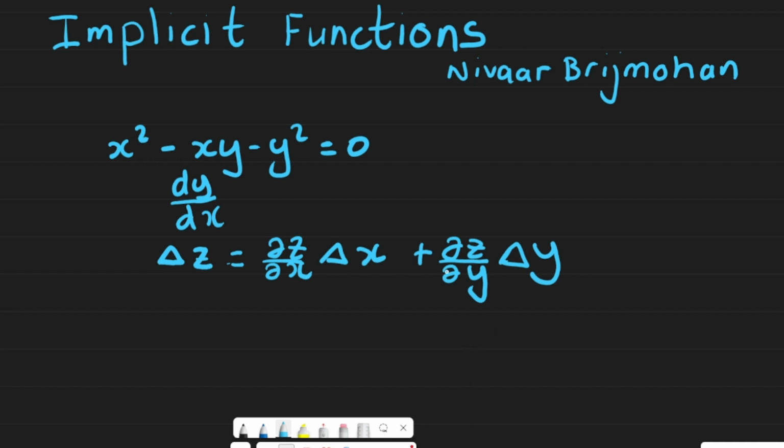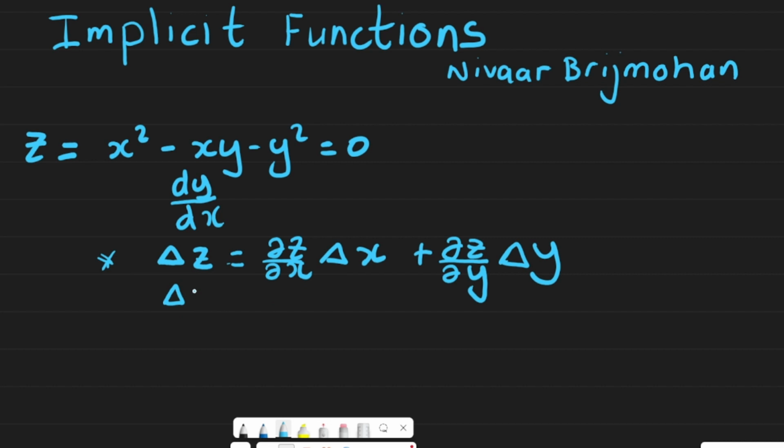So you might be wondering, where on earth does the z come in now? What is the z? Why is the z here? Okay, so what we do is that we would let this entire equation equal z. This implicit function, we would just let it equal to z, and it's equal to 0. So z is actually equal to 0, and it's equal to this implicit function. So the first thing that we can do is divide this equation by delta x.